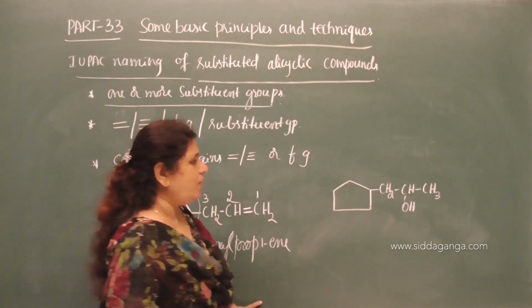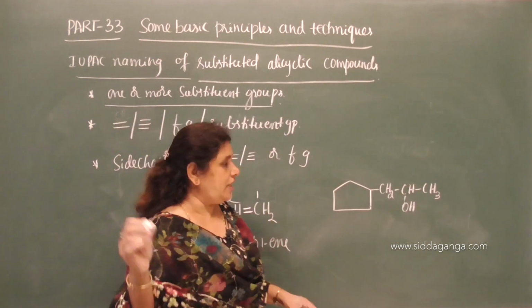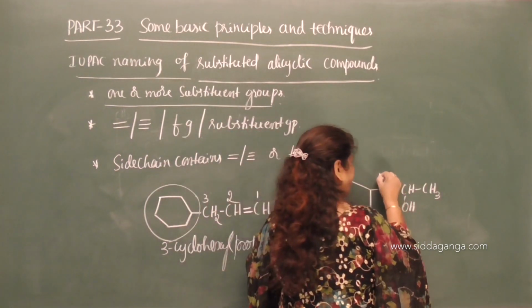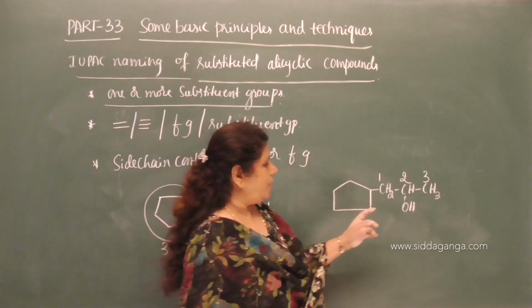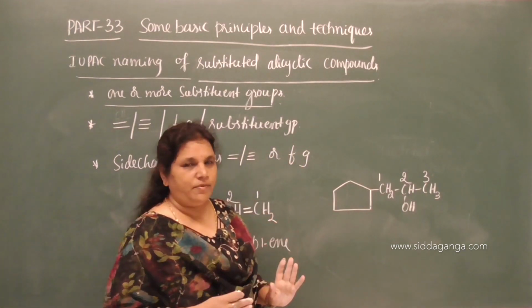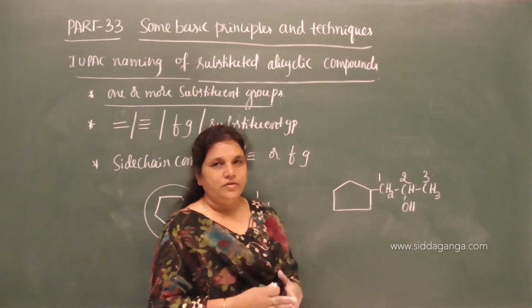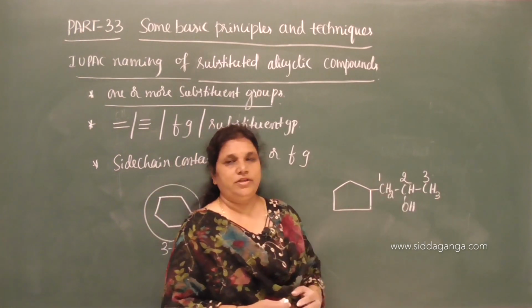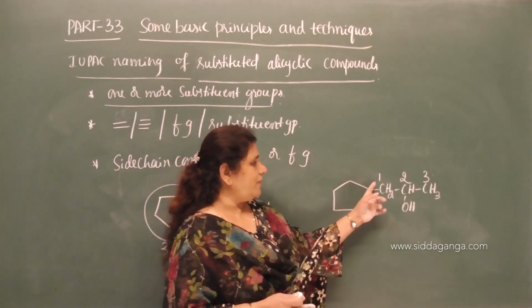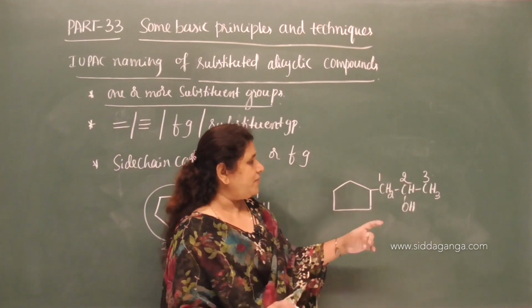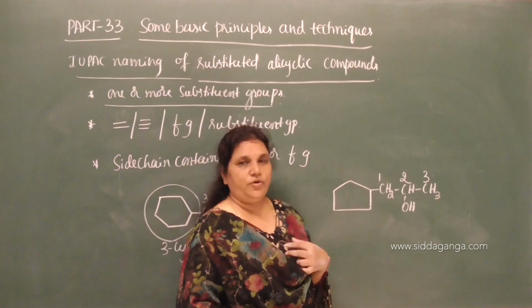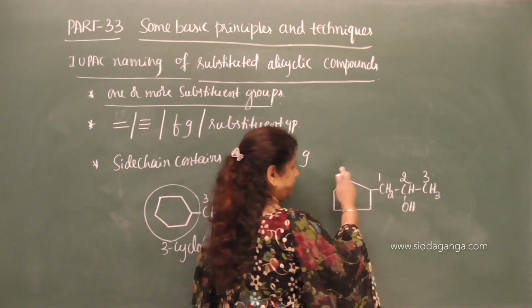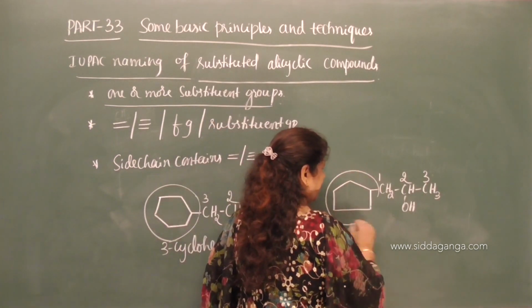And here we also have an alcohol functional group. Give the preference to the alcohol functional group. It gets the lowest number 2 whether you number from left to right or from right to left. Here we need to follow the lowest sum rule. If you give the number from this end, then the sum of the locants will be 1 plus 2, that is 3. So now you give the name. What is the name of this substituent?